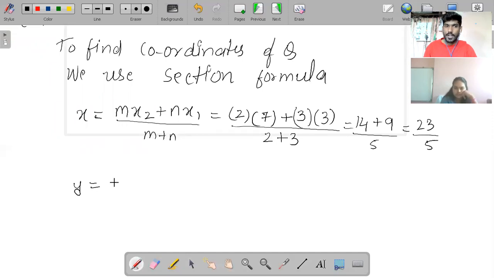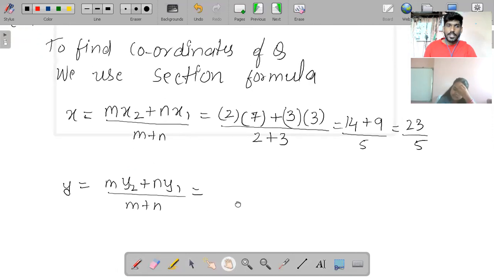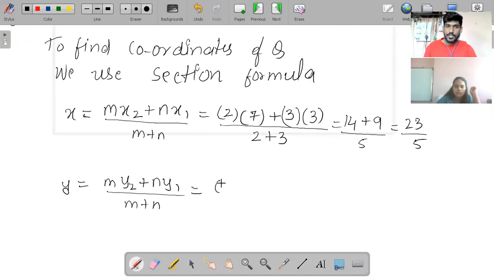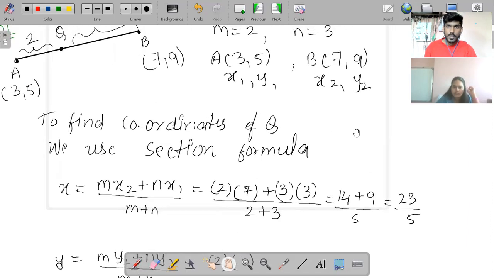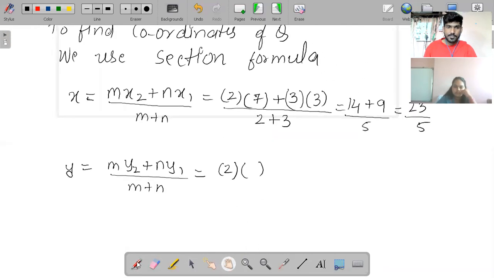The formula for y was m y2 plus n y1 upon m plus n. Now we need to substitute the values. M is 2. What is y2? 9.